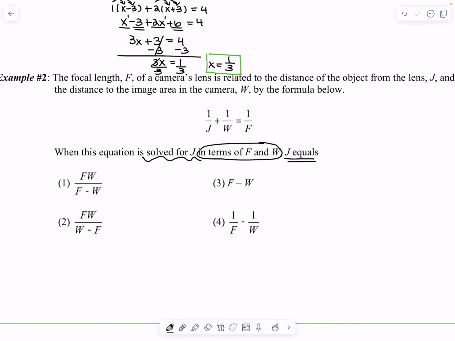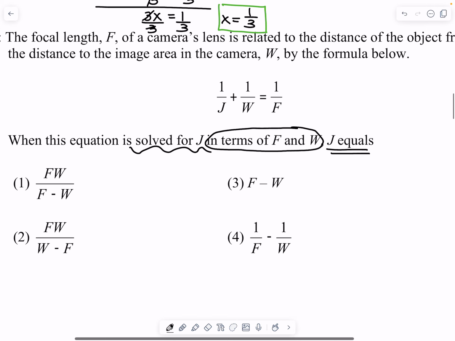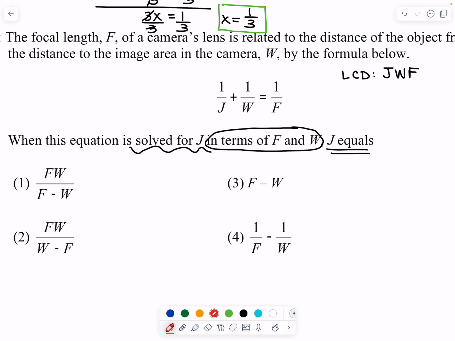So let's think. We want to identify an LCD. Take a moment to look at this equation, look at the denominators that you have, and see if you can identify that. And if you were thinking J, W, F, you were correct because we have denominators of J, W, and F. And we need to include all of our original factors into our LCD.